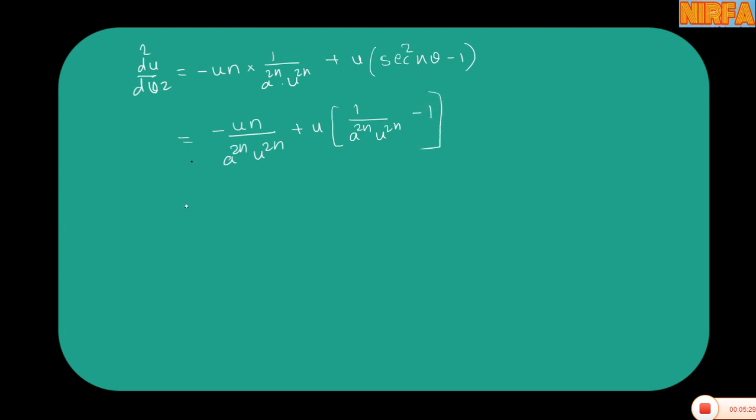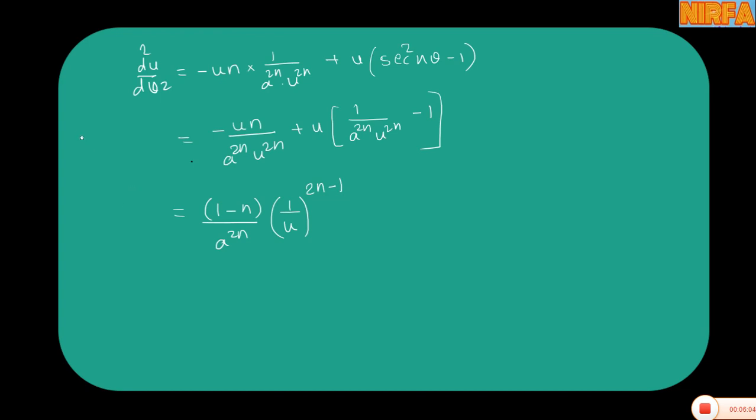Okay, so after some simplification you may write this as u times 1 minus n upon a raised to 2n into 1 upon u raised to 2n, minus 1.